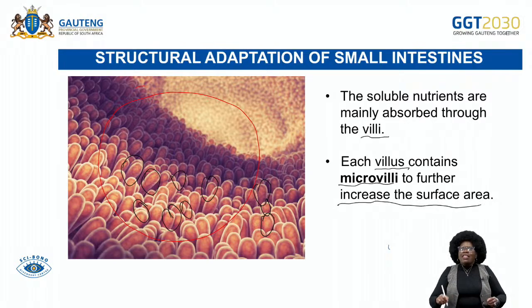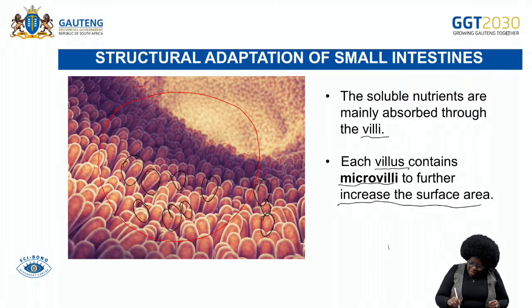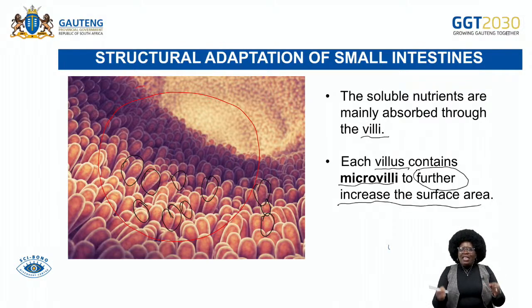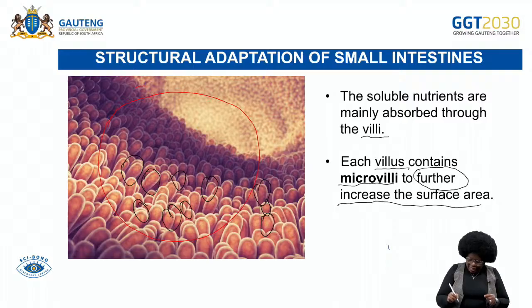I want us to look at the further part. So in other words, the small intestines have got villi, and the presence of villi is to increase the surface area.